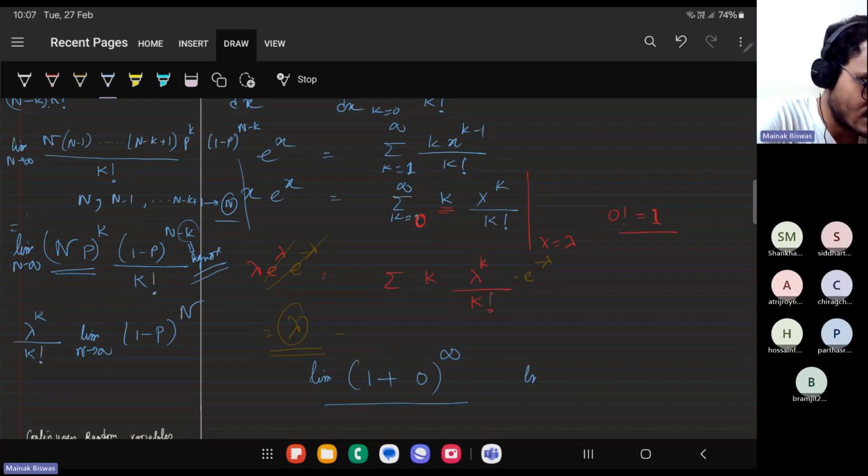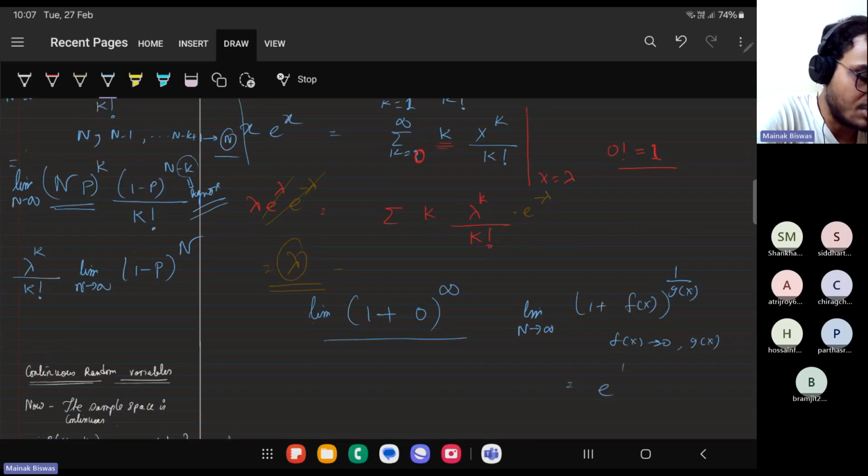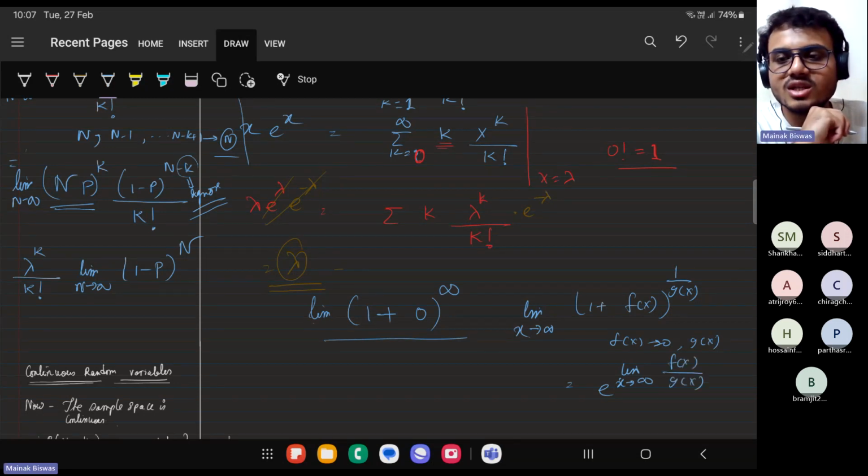For example, limit n tends to infinity of 1 plus f of x to the power 1 by g of x, if fx goes to 0 and gx goes to infinity, it turns out to be e to the power limit x tends to infinity of fx by gx. You just take log and apply L'Hopital, and you will get this. This is a standard formula.